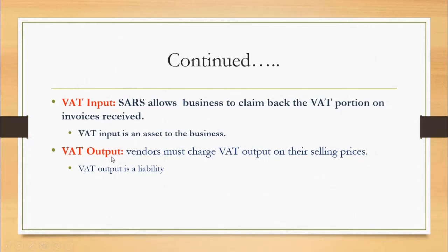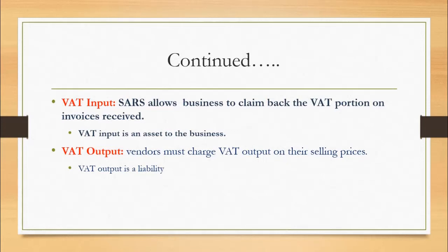Then when it comes to VAT output, vendors must charge VAT output on their selling prices. When you sell your goods to your customers, remember to factor in that 15% tax. When you sell your clothing, remember to put that 15% VAT. Whatever stationery that you sell, remember to put in that VAT on the selling prices.